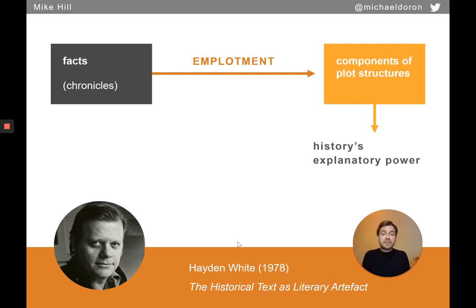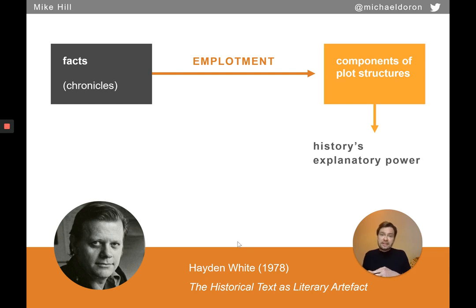In his article, The Historical Text as Literary Artifact, he says that what historians do really is that they take facts, or what he calls chronicle, and they don't leave them just as chronicle, but they turn them into components of plot structures. And the process through which that happens is called emplotment. And only through that process of emplotment, White says, does history gain explanatory power.